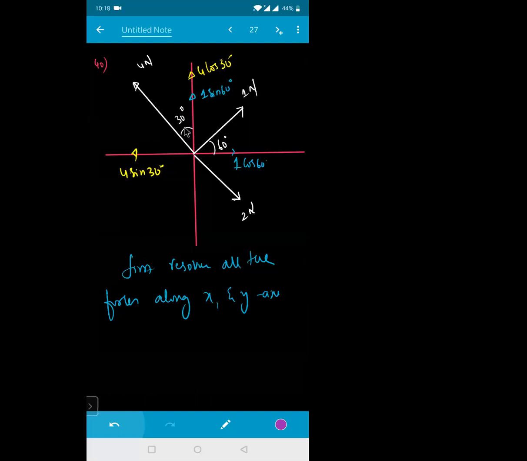If this is 30, obviously this angle is also 30. So this will become 2 into cos 30 here, and here this will become 2 into sin 30. Clear for everyone? Yes, sir.